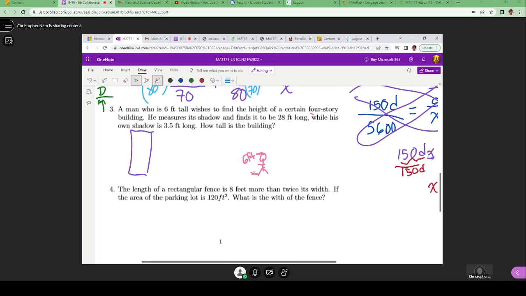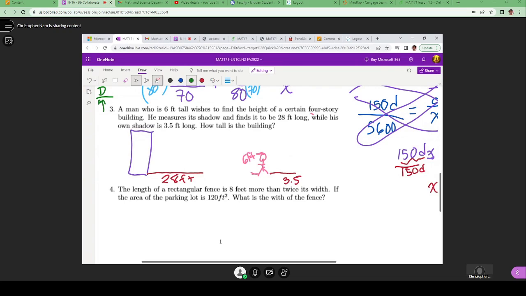And he measures the shadow of the building to be 28 feet. Boom. His shadow, however, is going to be 3.5 feet.